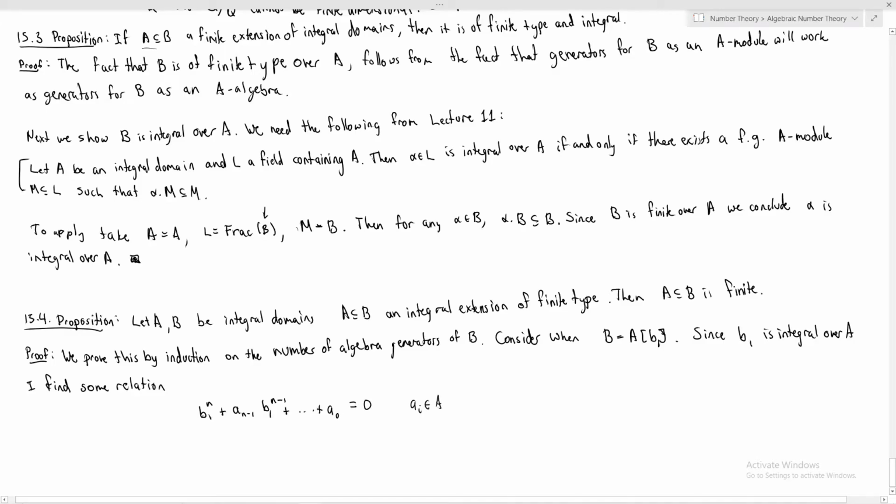All these Ai's are in A. Okay, so now I claim that we can take as a list of generators 1, B1, and so on, B1 to the n minus 1, generate B as an A module.